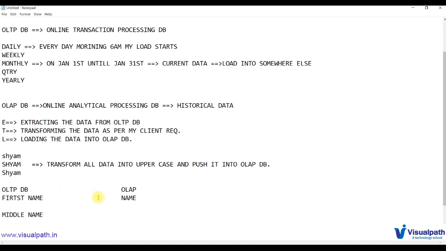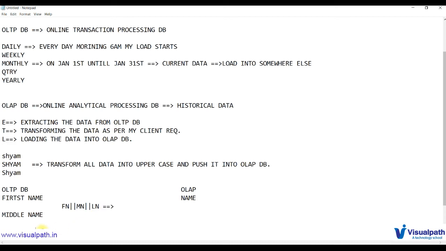So what should I do now? The client wants me to concatenate all this information and push it to the name column. So I took the data from here, concatenated first name with middle name and last name, and pushed it to the name column in OLAP. This is transforming the data as per your client requirement.